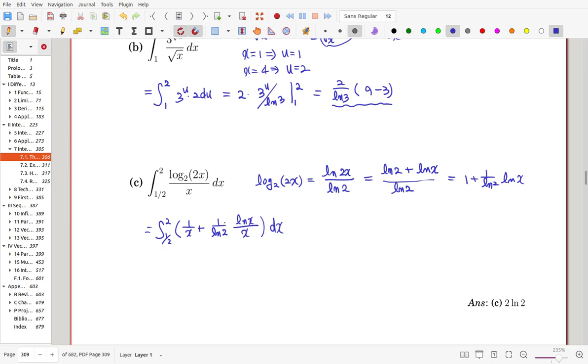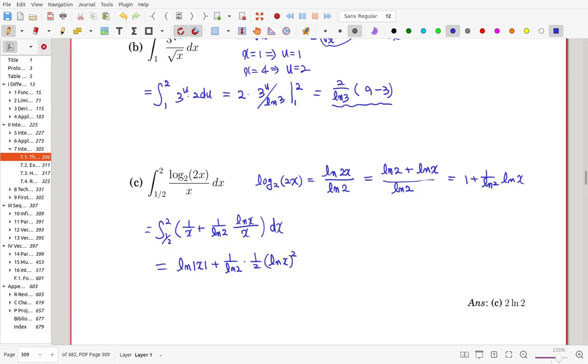From this one, you can get the natural logarithm of x, plus 1 over natural logarithm of 2 times half of natural logarithm of x squared.